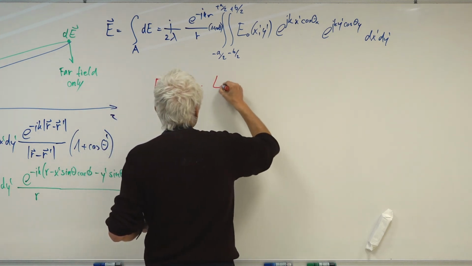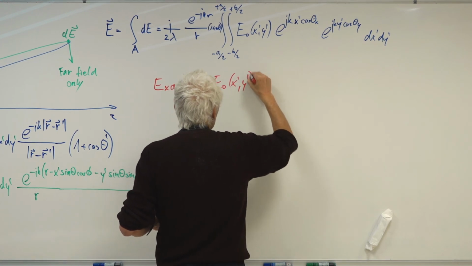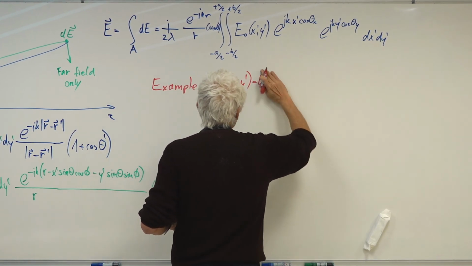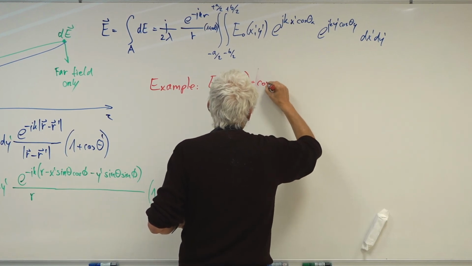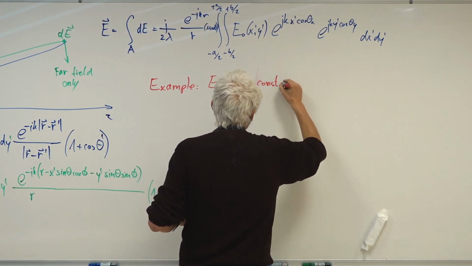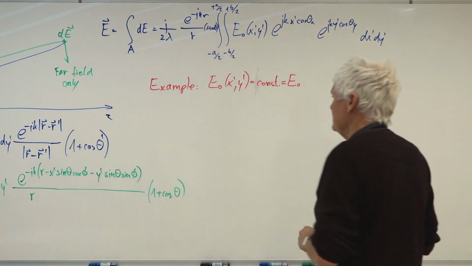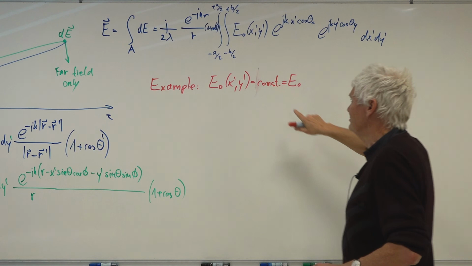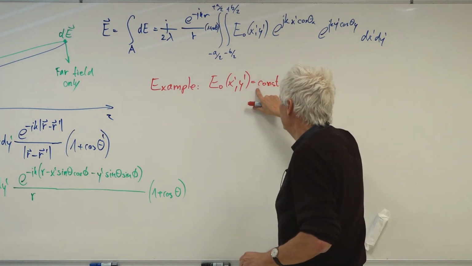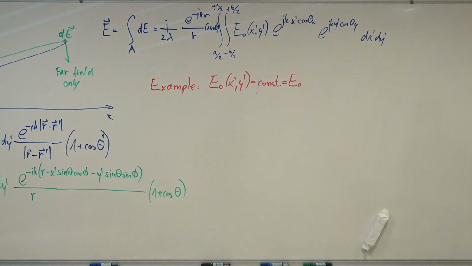We assume that this illumination of x prime and y prime is constant, simply some E0, okay? So a uniformly illuminated aperture is something we like to use. This is not an invented example. It's what we would like to have on many occasions.